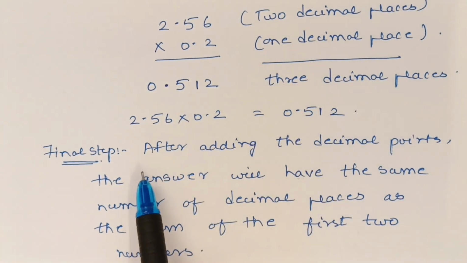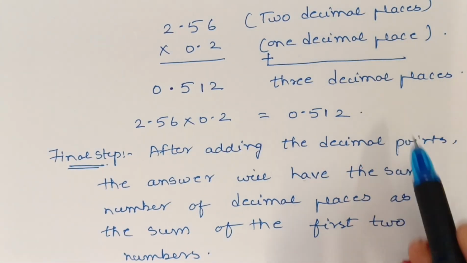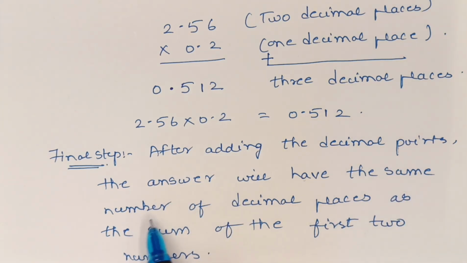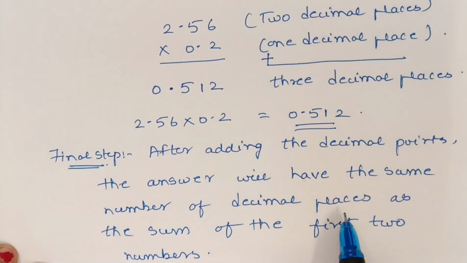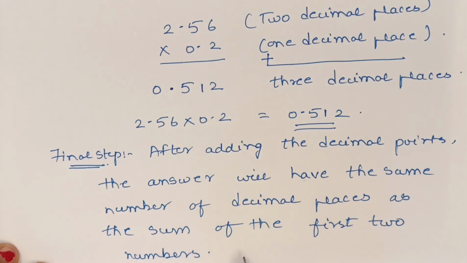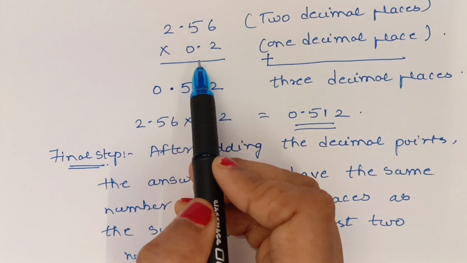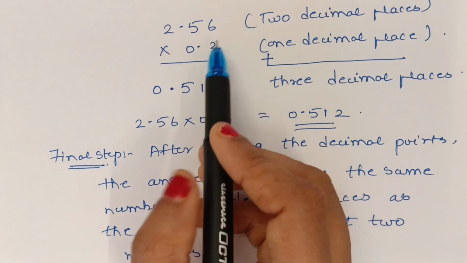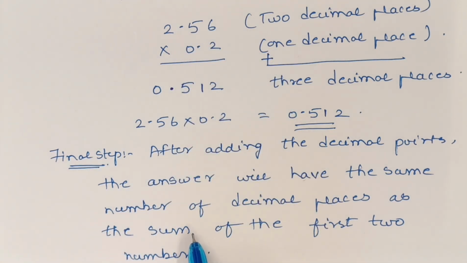And the final step, which is very important: the answer will have the same number of decimal places as the sum of the first two numbers. In the answer you have three decimal places. So this is the correct way of solving multiplication of decimals.